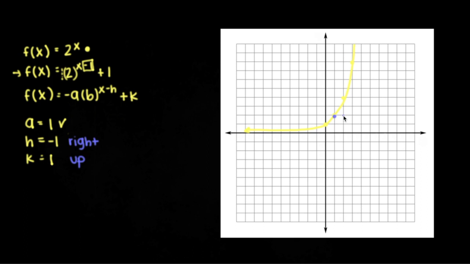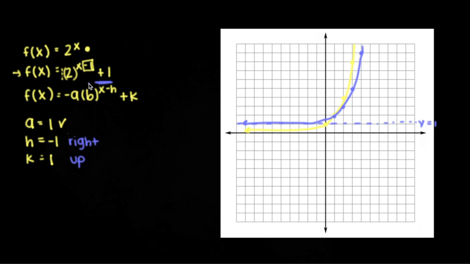This point here moves 1 point to the right, 1 point up, 1 point to the right, 1 point up. And we'll get something that looks more like this. And notice how we have a new horizontal asymptote at y is equal to 1, which we can see here from our k value.